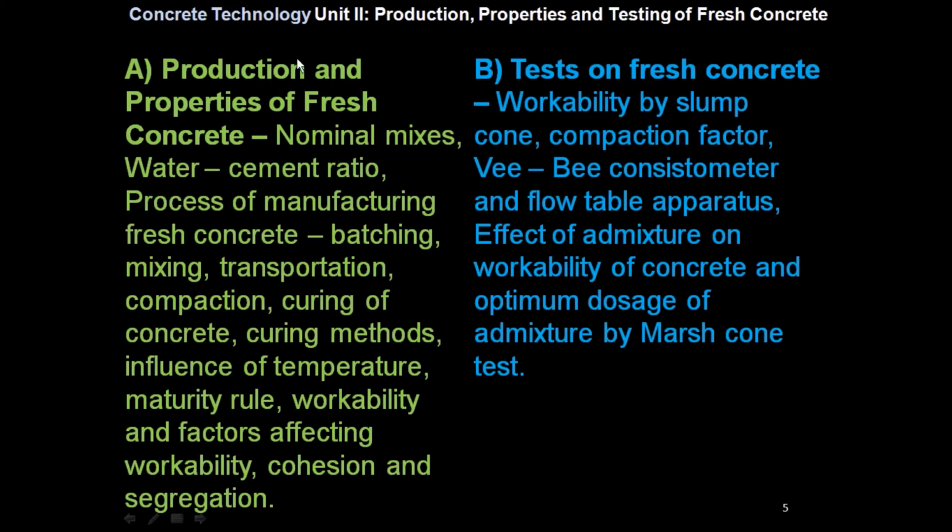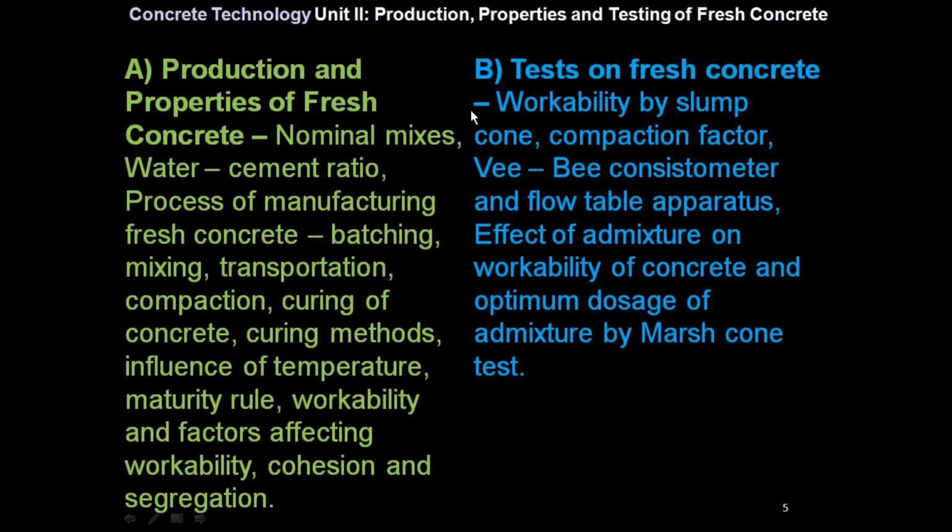So unit number 2, production, properties and testing of fresh concrete. It includes part A, production and properties of fresh concrete, which includes nominal mixes, water cement ratio, process of manufacturing fresh concrete, batching, mixing, transportation, compaction, curing of concrete, curing methods, influence of temperature, maturity rule, workability and factors affecting workability, cohesion and segregation.